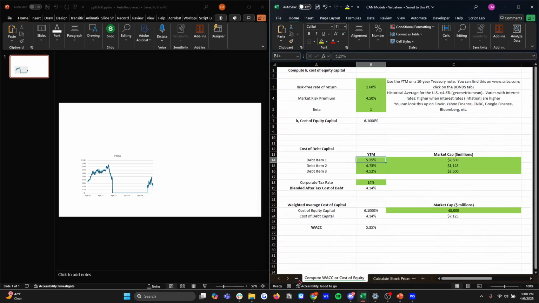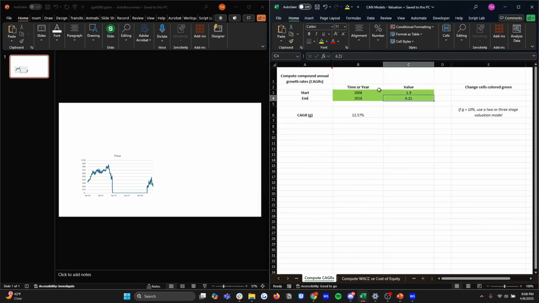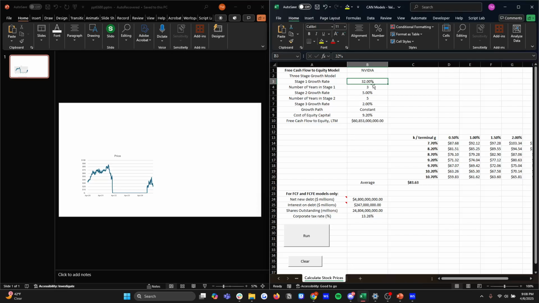So you would input your free cash flow to equity from, let's say, 5 years ago, so this would be like 2020 to 2024. And you would input your free cash flow to equity here and here, and that would give you a growth rate. So you could go ahead and use that growth rate.